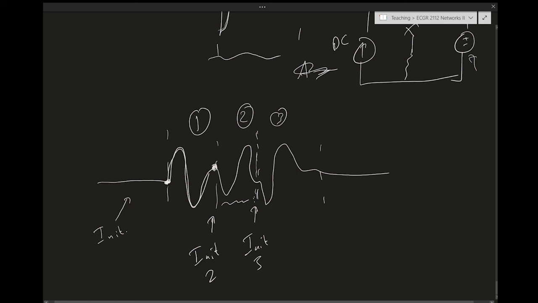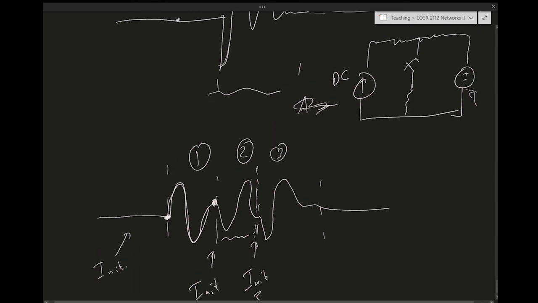So we already have the tools to handle multiple transients, provided that the DC sources, the forcing functions, remain DC.